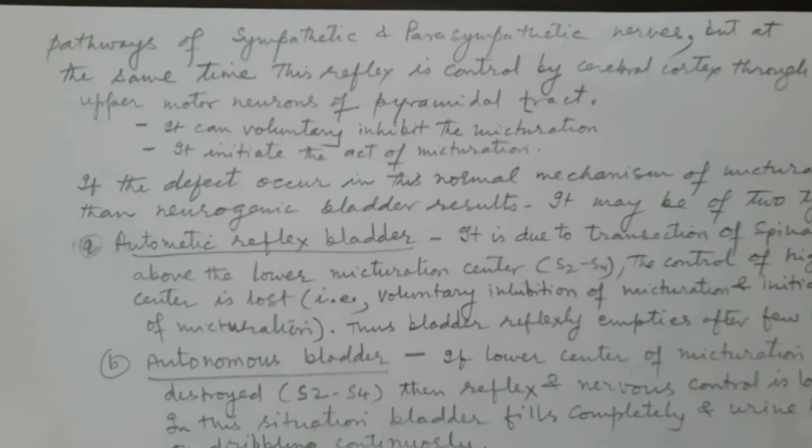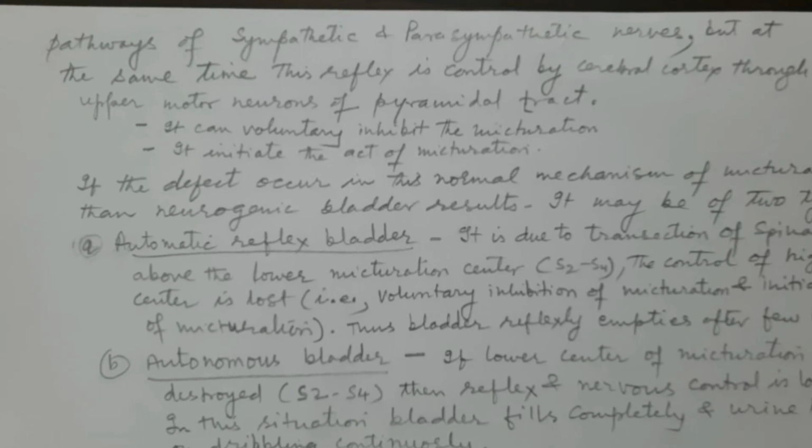So you cannot inhibit micturition voluntarily, and urine will pass without your control, and you cannot initiate micturition. When the bladder becomes full, more than 250 milliliters, say for example, the stretch reflex goes to the lower center, the S2 to S4 segments, where it stimulates the preganglionic parasympathetic neuron, which sends impulses.